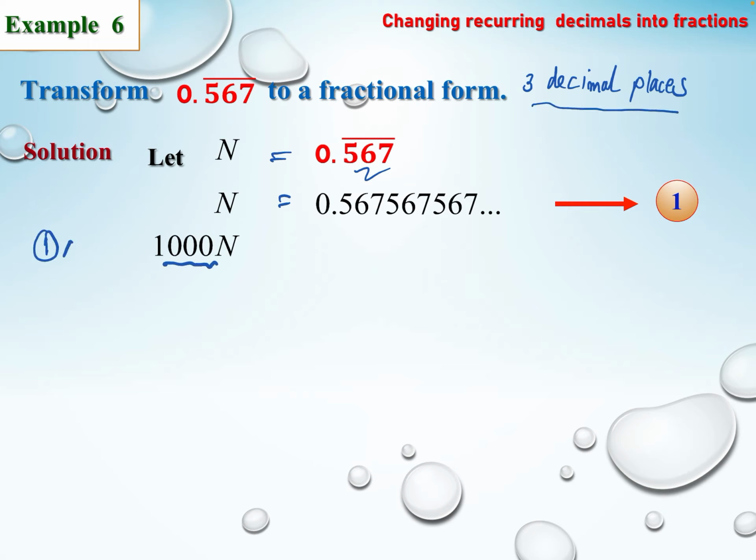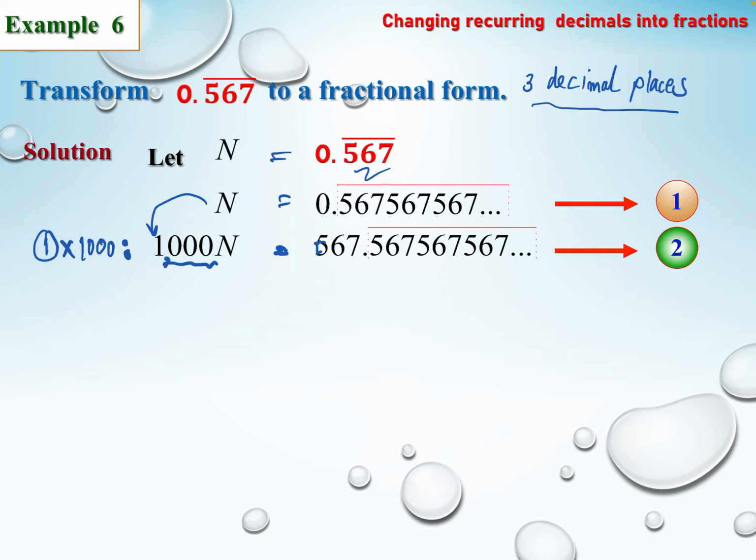We take equation number 1 times 1000. What do we have? 1000n equal to 567.567. Let it be equation number 2.